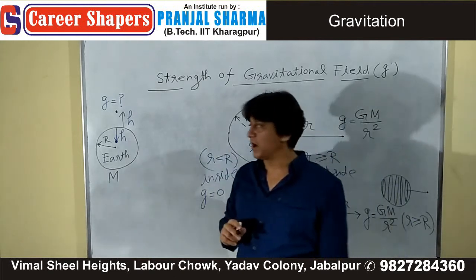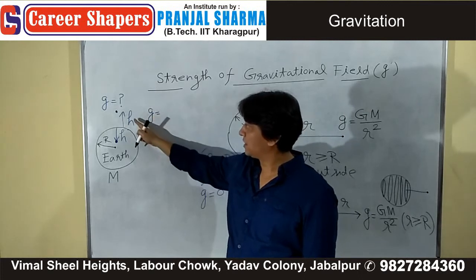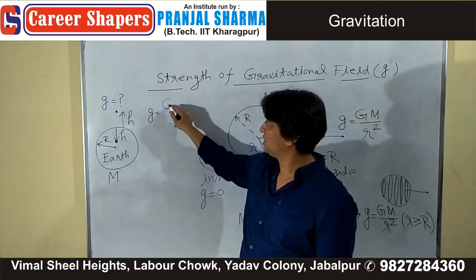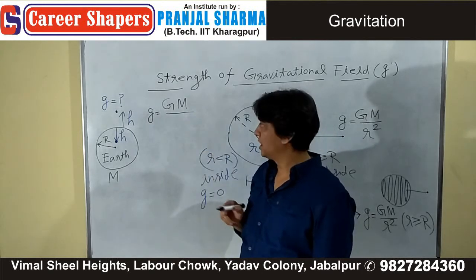Look how we can find it. What is G at this point? Gm divided by R.